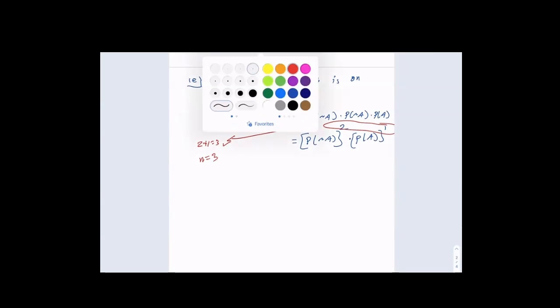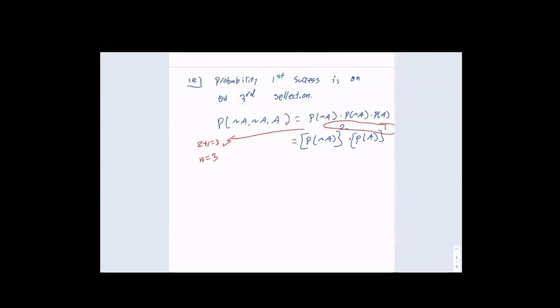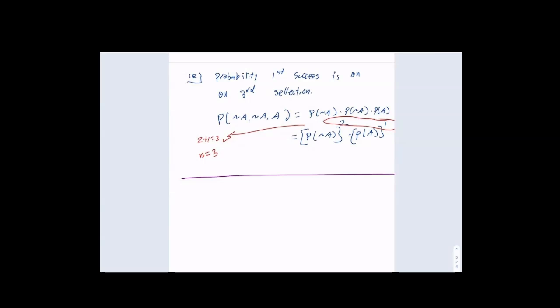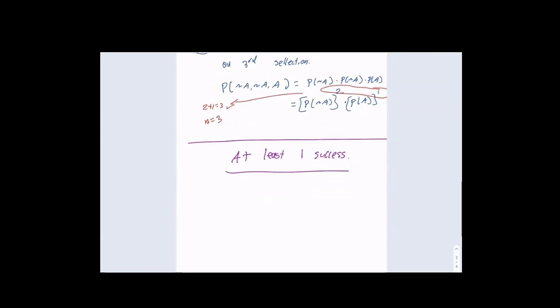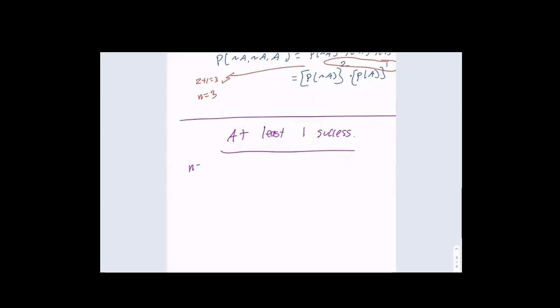The most challenging problem, we'll get into some examples. The most challenging problem, and this has its own type of problem, is the probability of at least one success. So let's think about the instance when N equals 3.